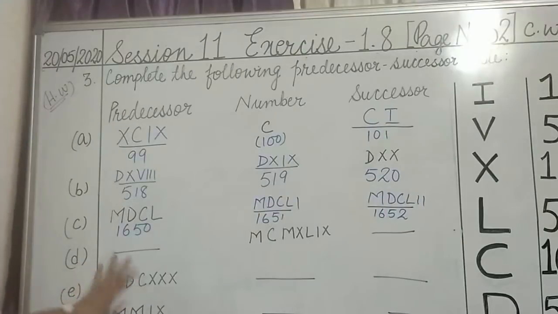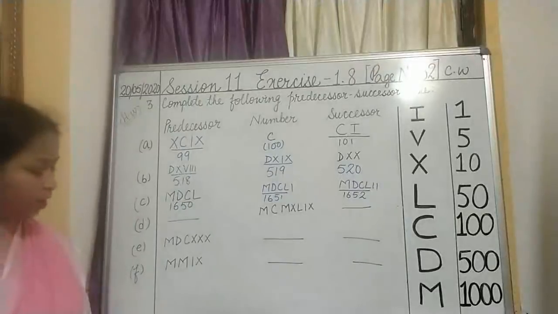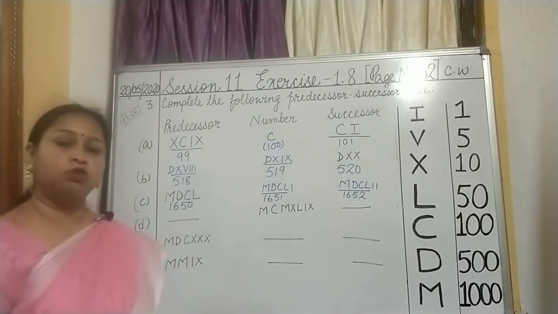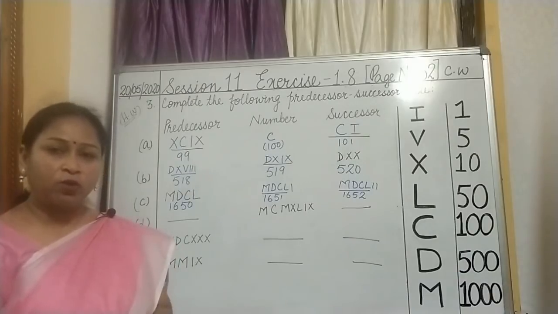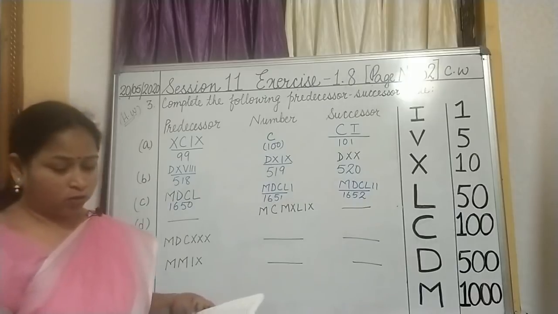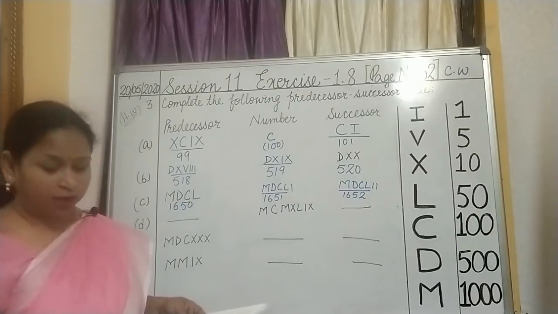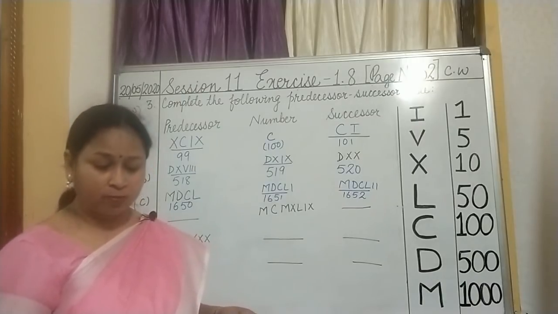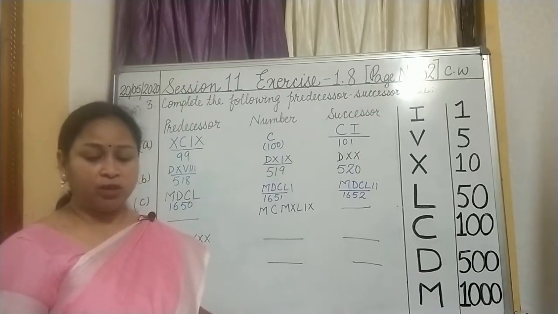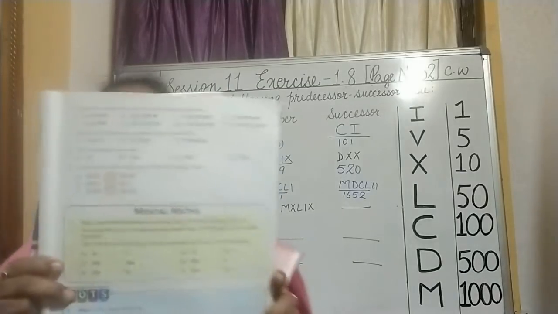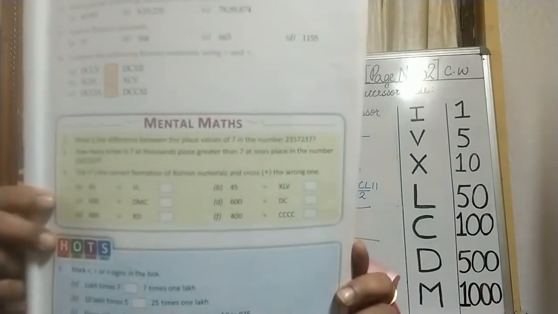I have given very small homework to complete D, E, F, and one more question you have to do. Where are you supposed to do these questions? I have told you all to complete all these in your book. In your revision exercise, children, you can see on page number 35, question number 15 and 16 are given.